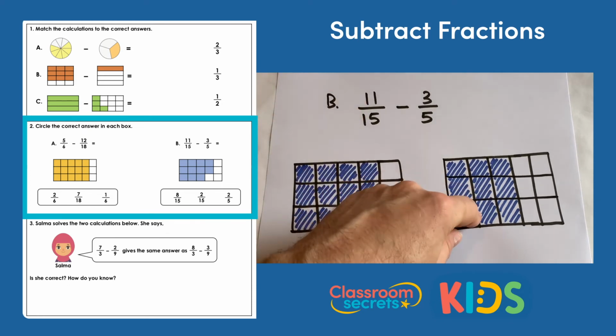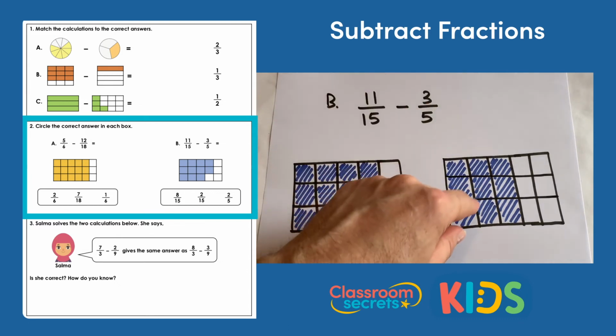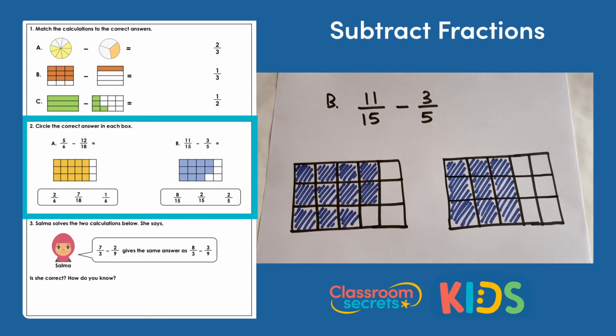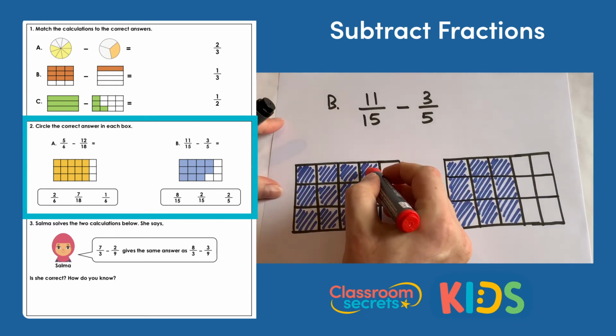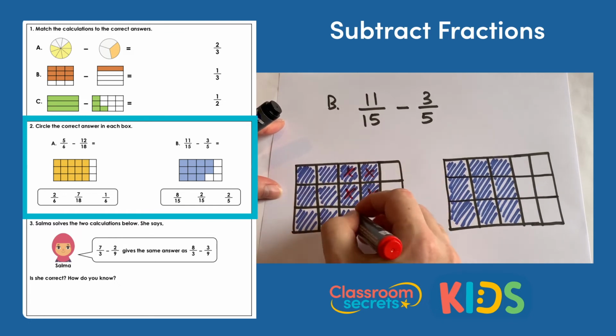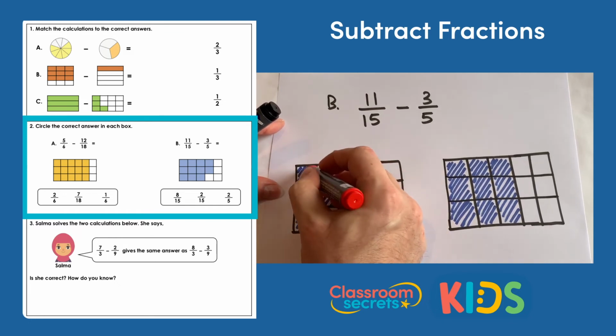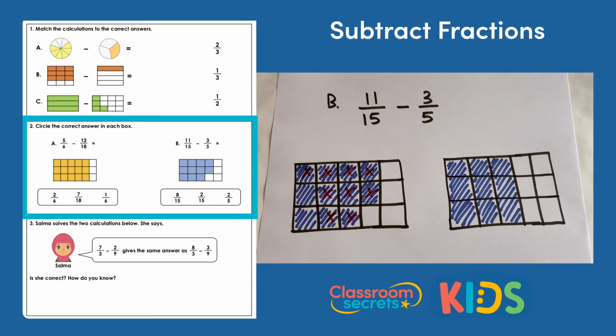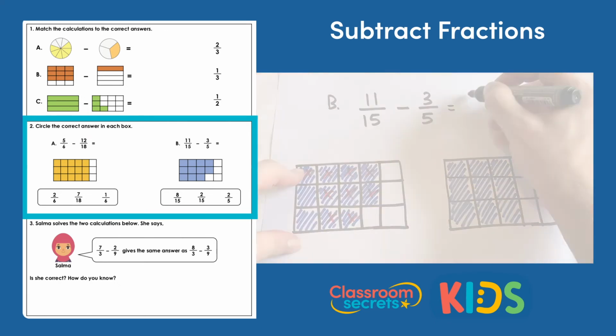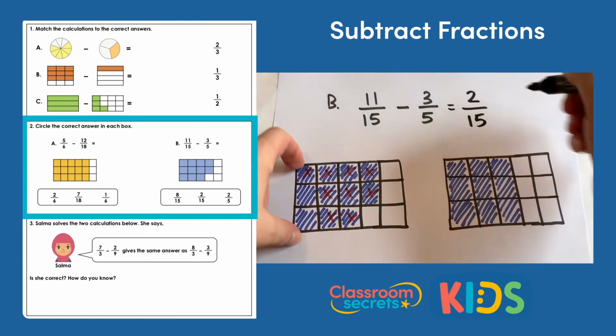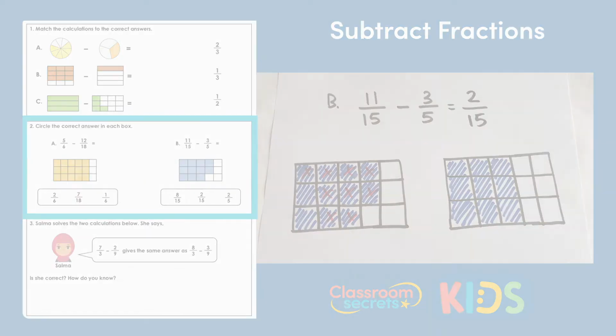So we can take those 9/15ths, that's equivalent to 3/5ths, away from the 11/15ths. 1 2 3 4 5 6 7 8 9. We have 2 of those 15ths left. So 11/15ths take away 3/5ths will be 2/15ths, and that's our answer for B.